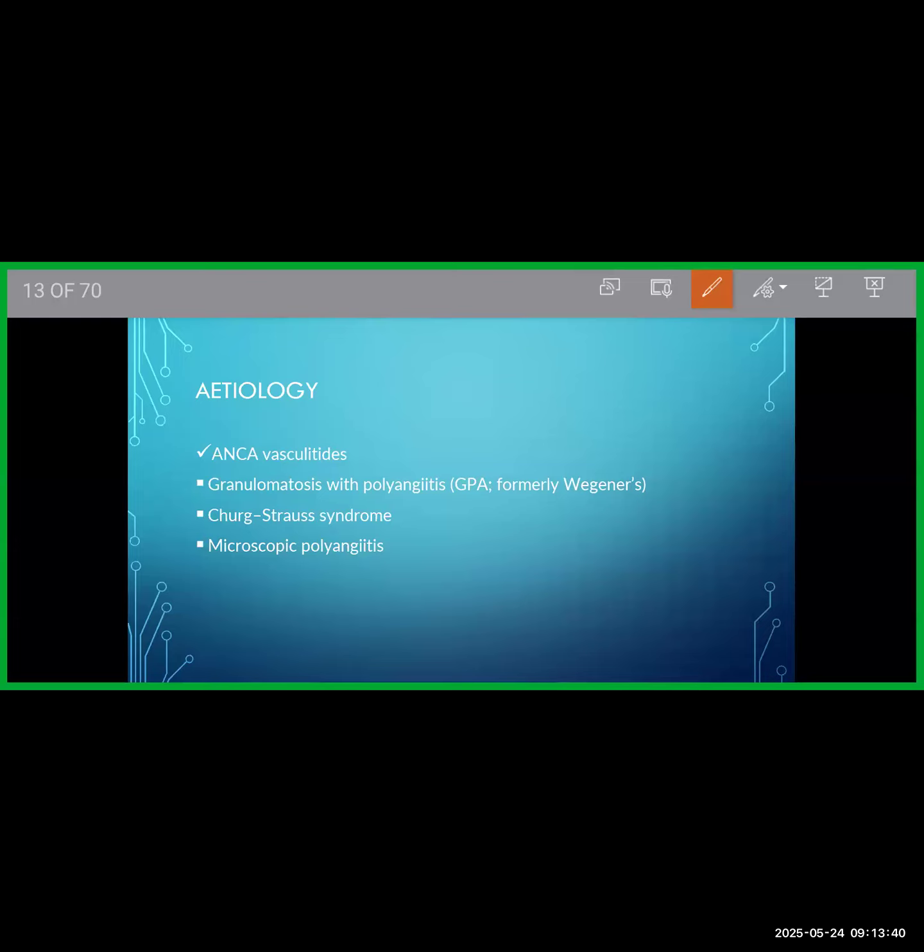Just as I mentioned earlier in the introduction, sometimes ocular manifestation is the first presentation of this condition. So if, as ophthalmologists, we can pick this condition early, we refer them to the rheumatologist or an immunologist where present, to evaluate the patient and see if they have any of these ANCA vasculitides.